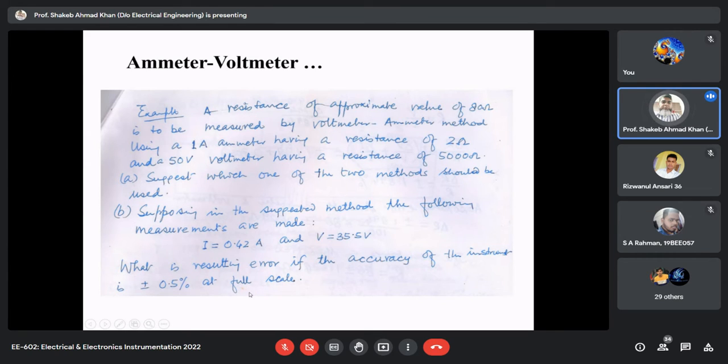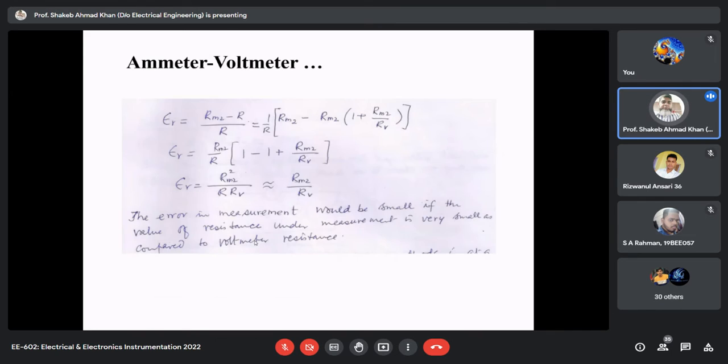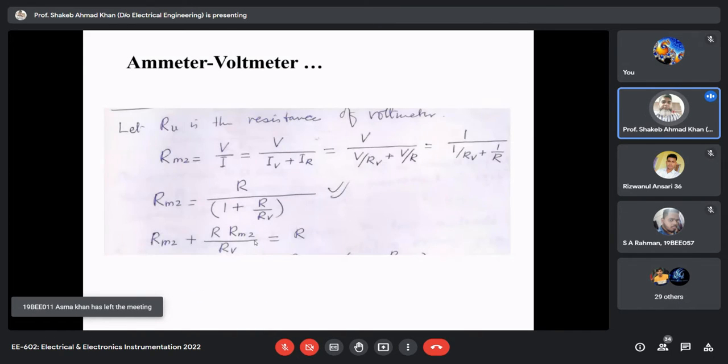Now I'll discuss a few things here. Try to listen carefully. Many things that I'm going to discuss here, you may have already studied in your previous course. Here we are talking about the error in the method. All these things we discuss are the error of the method.